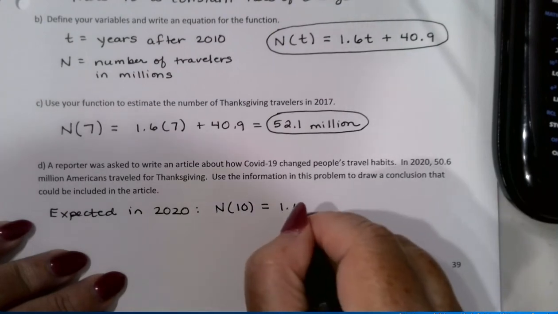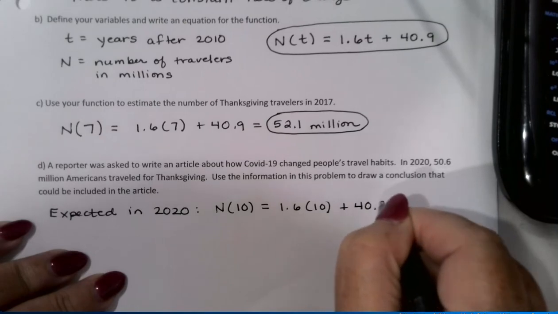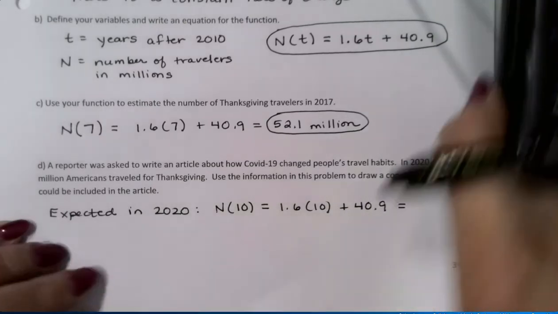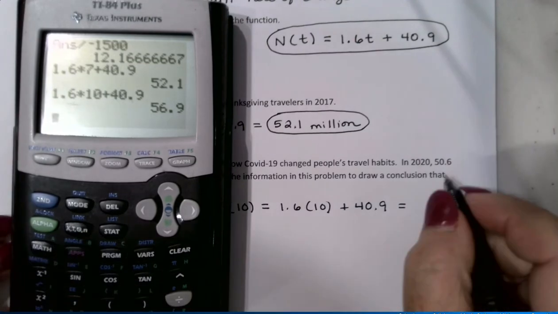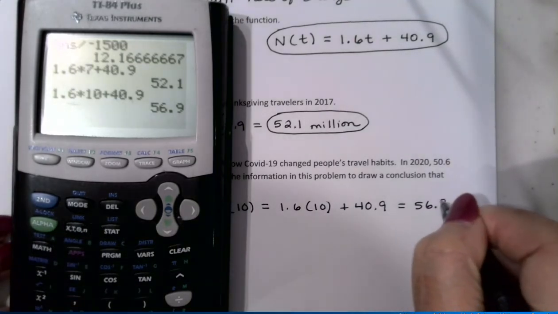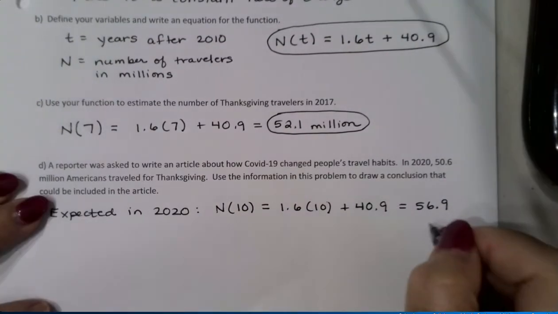So 1.6 times 10 plus 40.9 is 56.9. And of course that's in millions again.